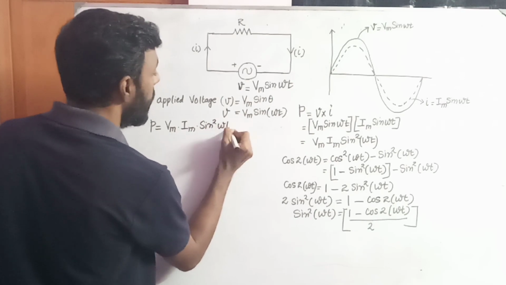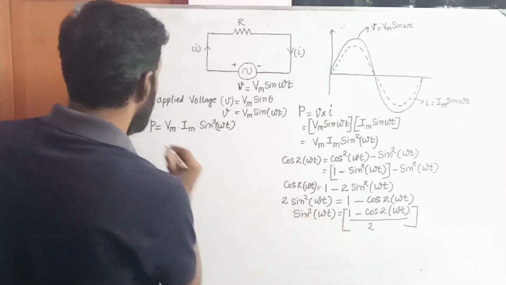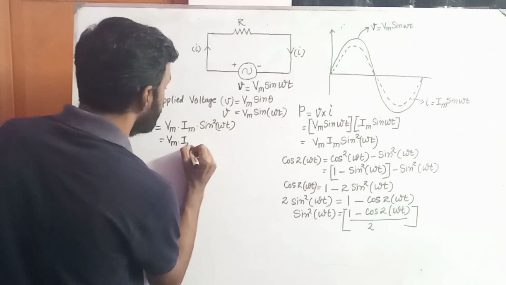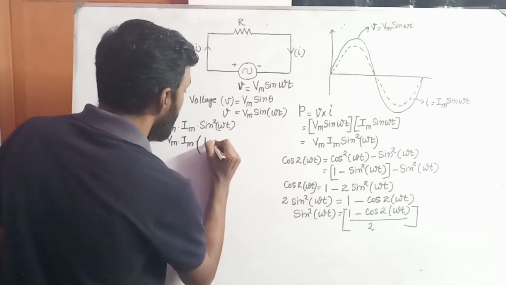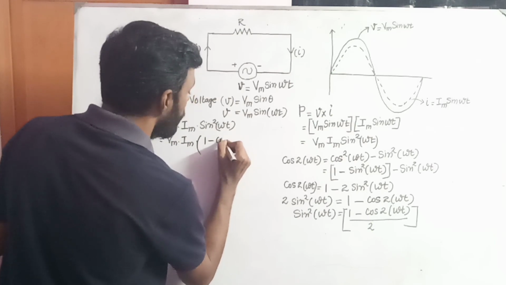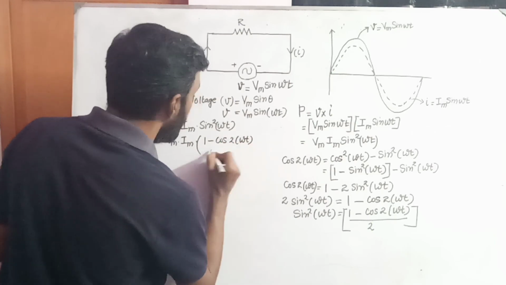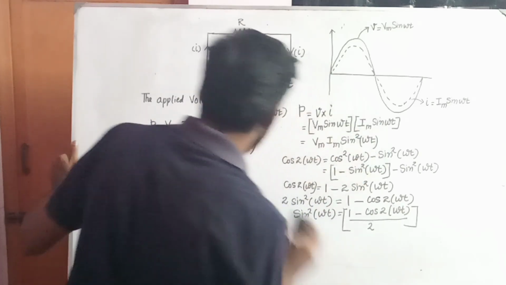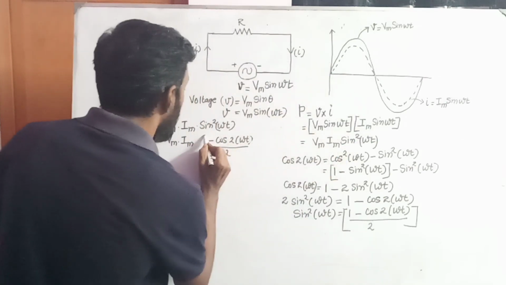We have found the value of sine squared omega t, so I am substituting it over here: Vm into Im into 1 minus cos 2 omega t divided by 2.